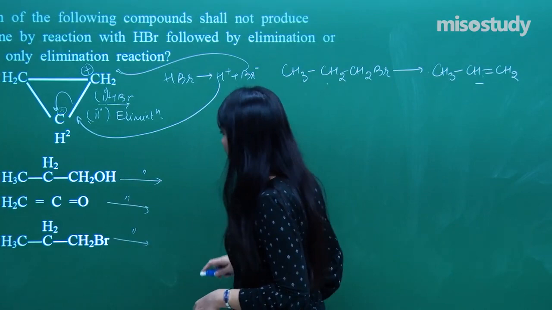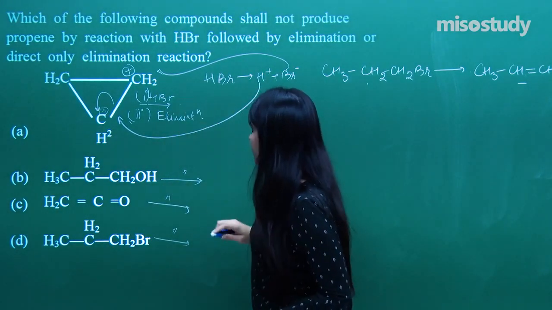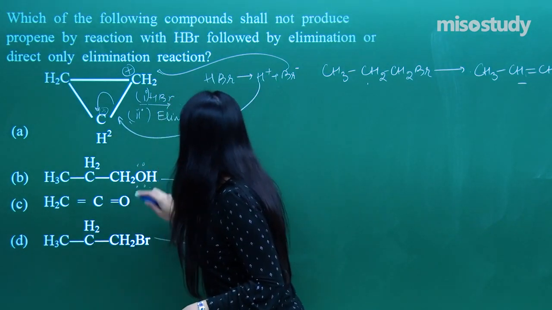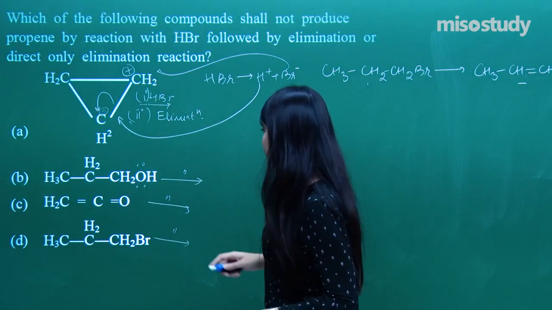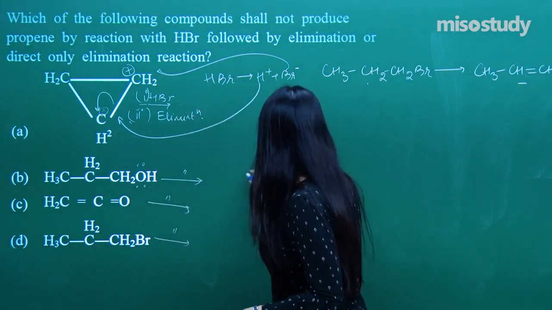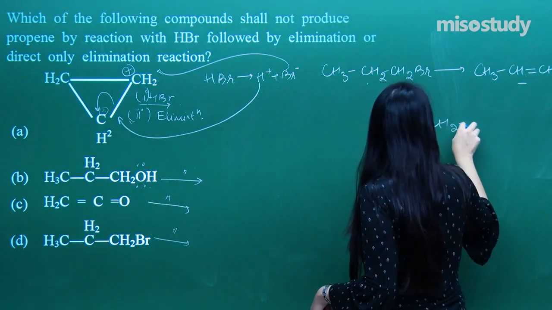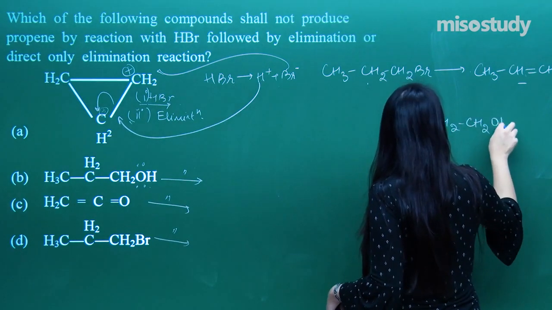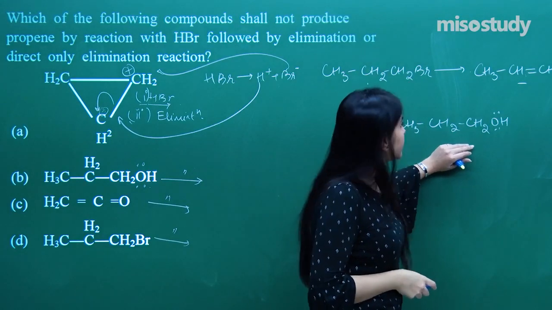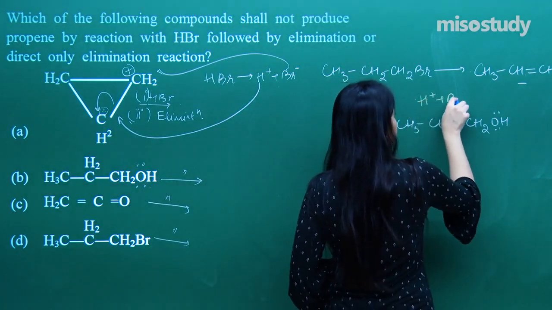So if you observe here, what do we have? Again I need to make it react with HBr. I have got certain lone pairs over here. CH3, CH2, CH2, OH. After the attachment, first of all I have got HBr, H positive plus Br negative.